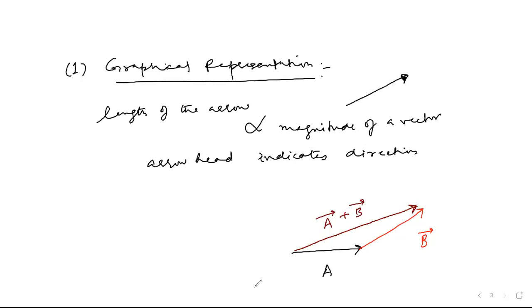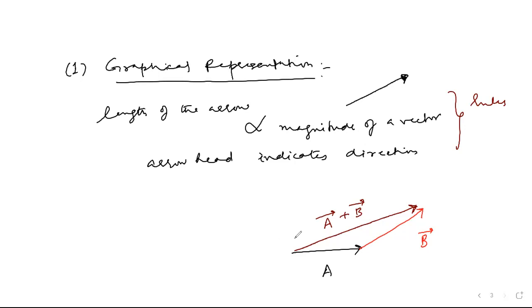So if you have to add two vectors, you represent them graphically by arrows using these rules. Then you place the tail of one on the tip of other vector, and from the tail of the first to the tip of the second, you get your resultant.